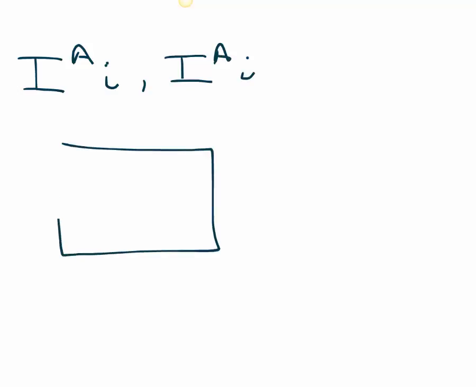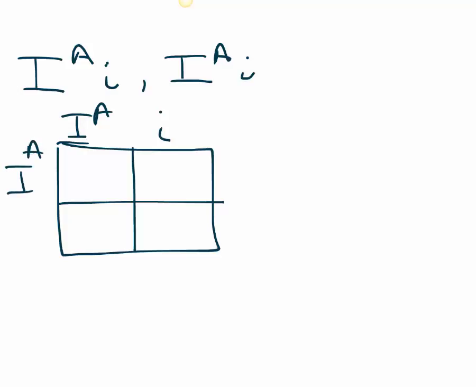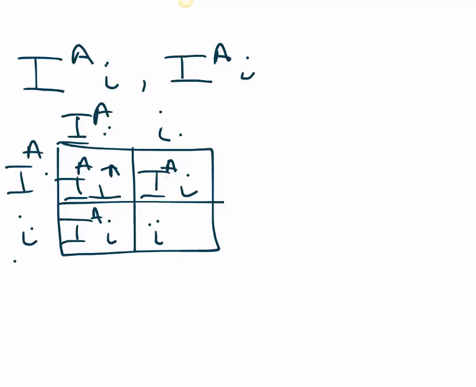So in a Punnett square analysis, I'm going to put capital I^A there, little i for the other allele for one parent, and then the other parent's alleles will go along the side, and we have I^A for this combination, and this combination. I'm going to have I^A little i, same as this combination, and then this combination would be little i little i.